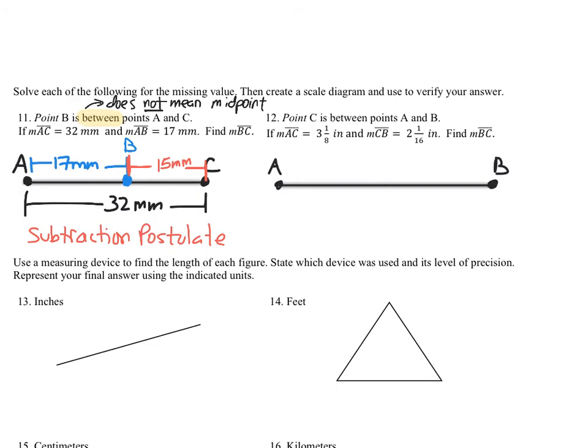All right, so you're covering more distance from A to C than you are from C to B. So it's another instance where you would want to err on the side of plotting the point to the right of where you suspect the midpoint is. All right. So 3 1/8 inches. 2 1/16 inches.